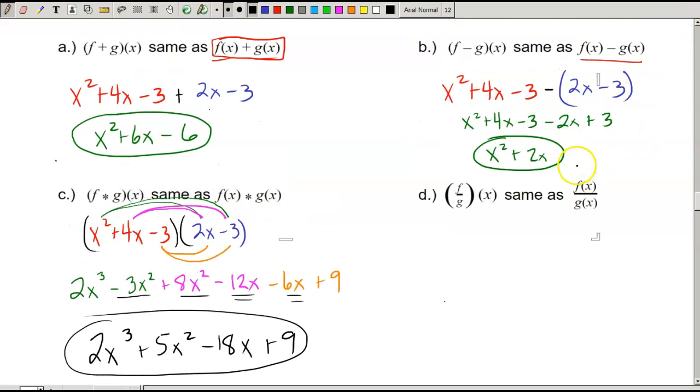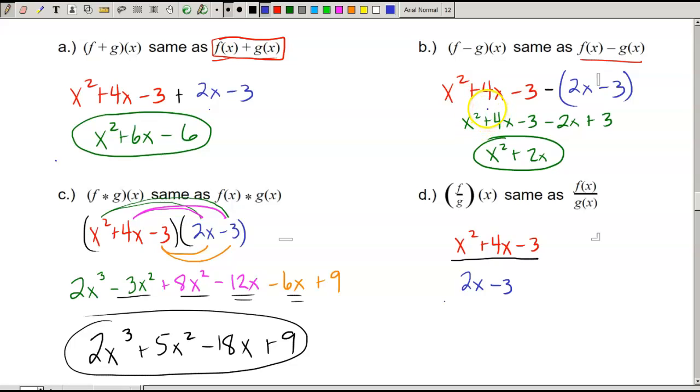So f of x is going to be x squared plus 4x minus 3. And now this is divided by 2x minus 3. 2x minus 3. And there's your division. Now we haven't really talked about how to actually go through and divide this.